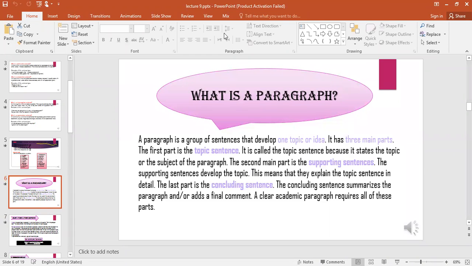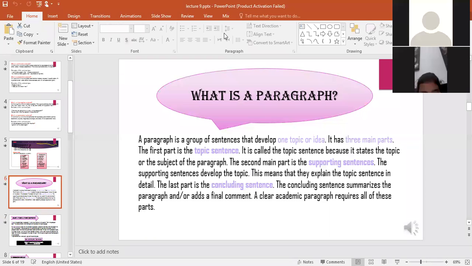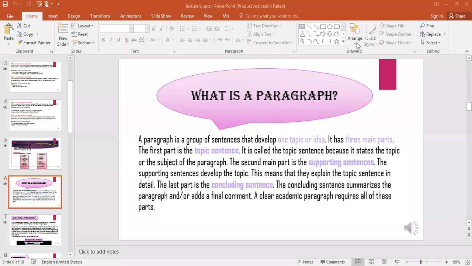Who can please explain to us what a topic sentence is by raising your hands? Yes, Lamar.